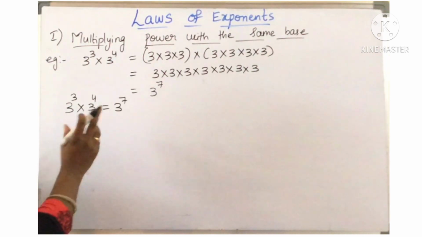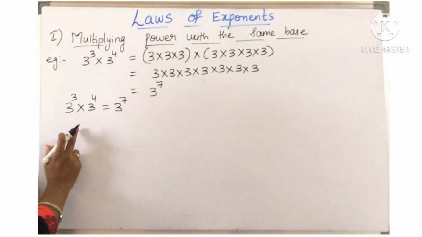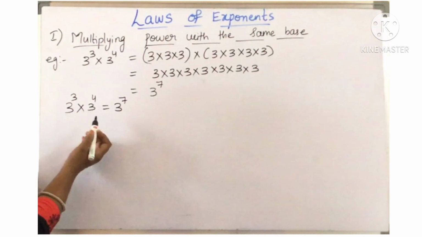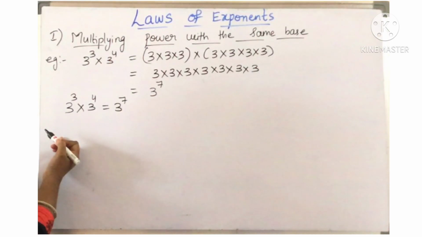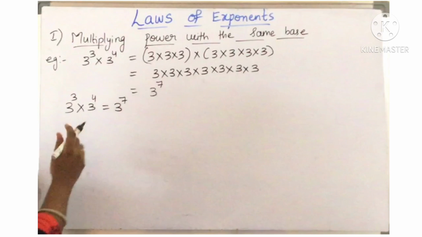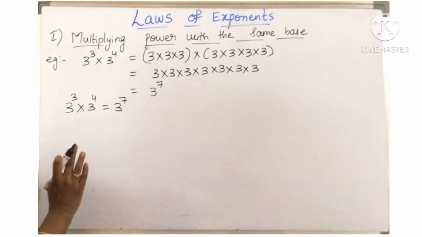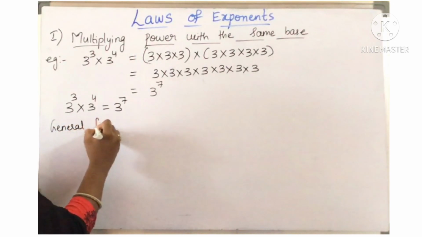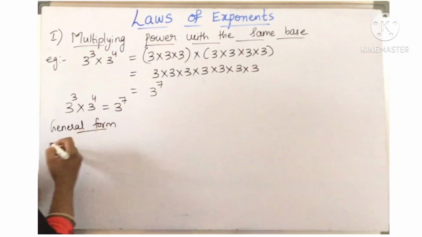Now carefully study the power notation in the final steps of the above example. You will see that the index on the RHS is the sum of the indices on the LHS. So we are going to write the general form now.